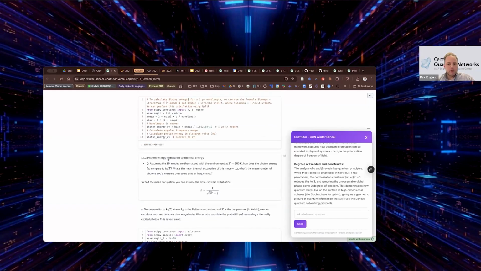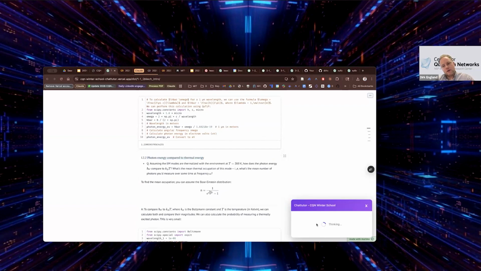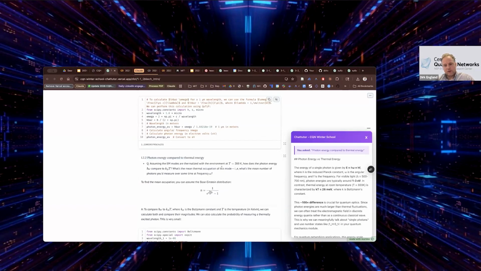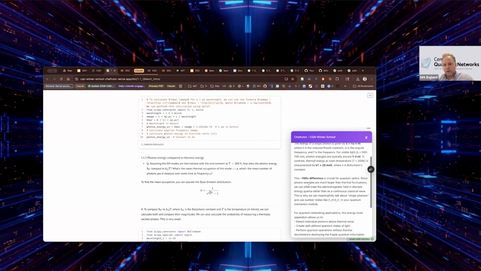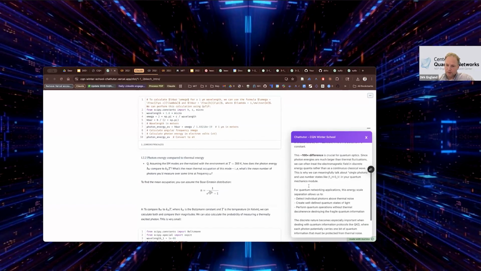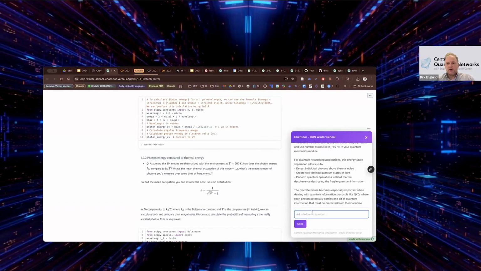So let's see. It's a bit slow. This is because it has knowledge of the whole database. Okay, so I think it's pretty useful. I found other people have told me this, they find it useful. So here, how do I calculate? I don't know.